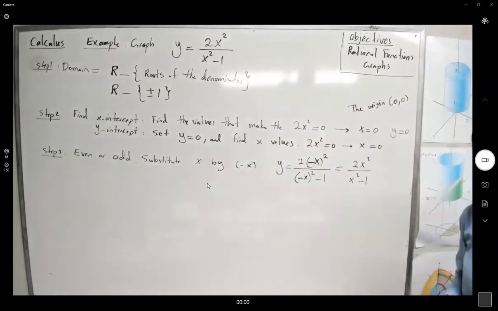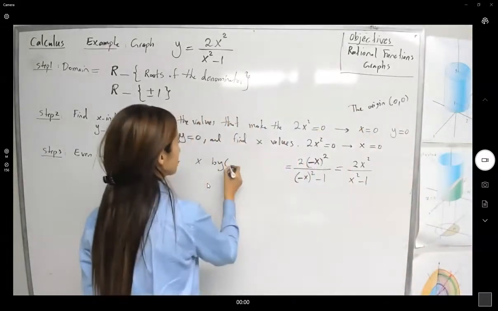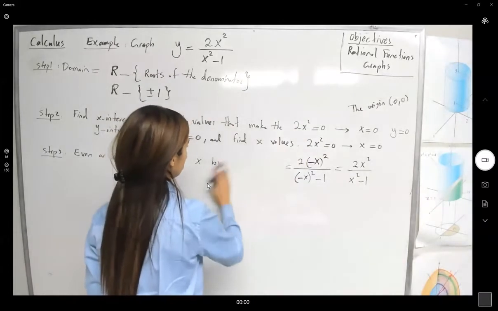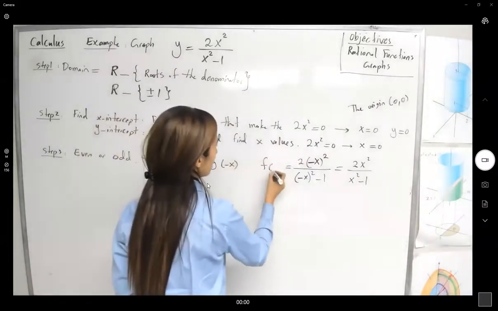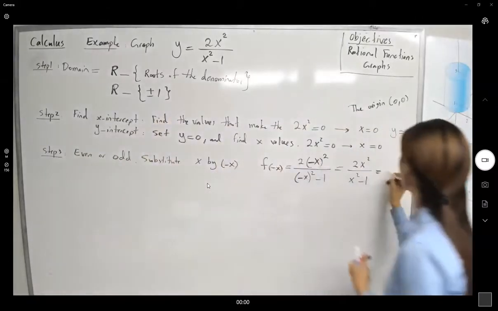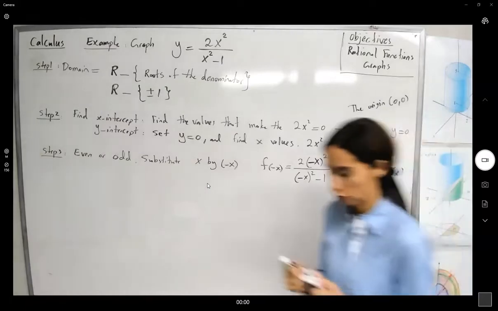What's the meaning of that? It means that f of negative x is equal to f of x. It means that the function is an even function.